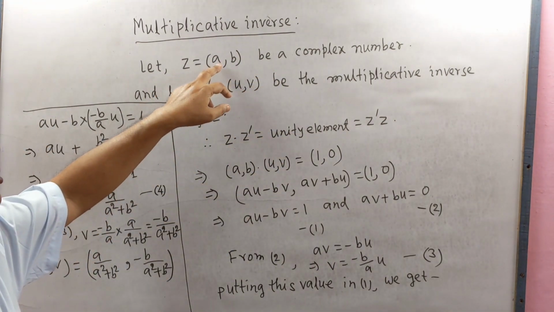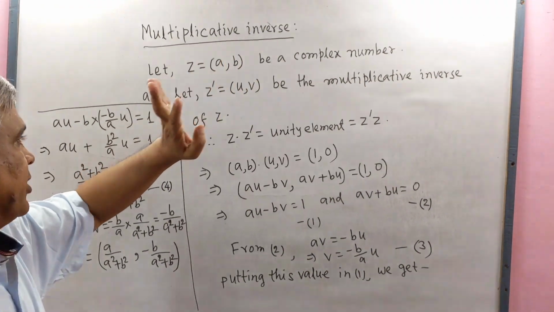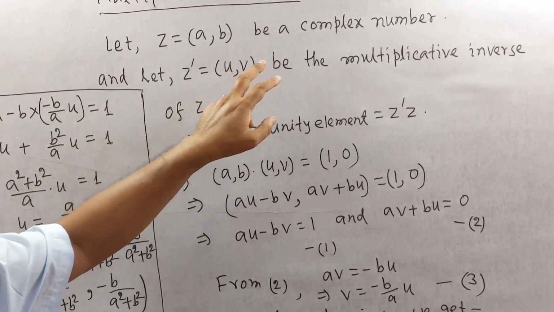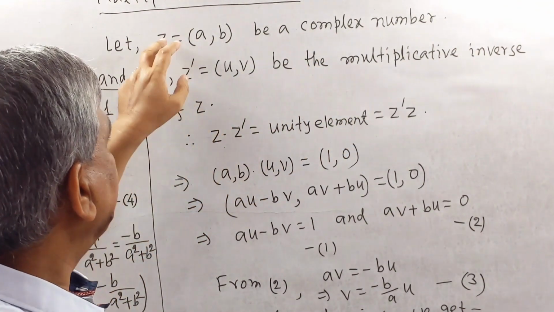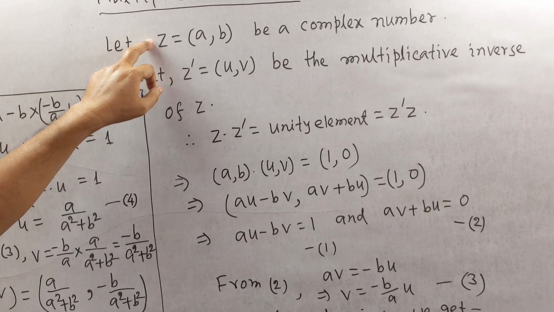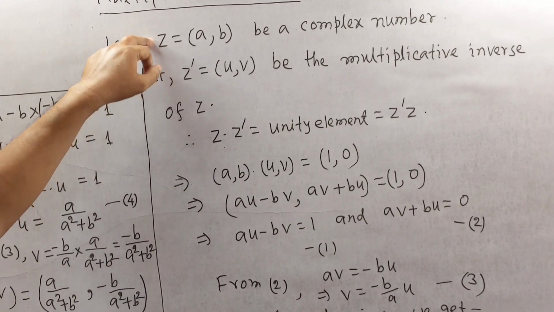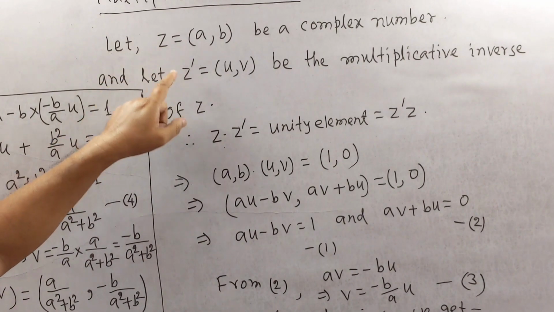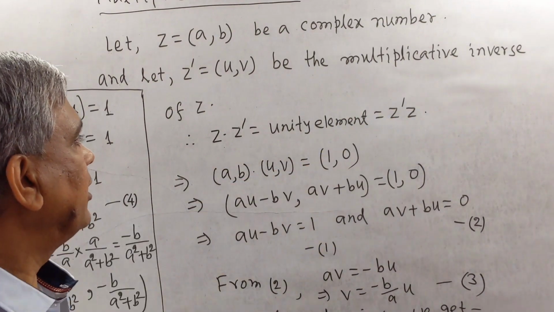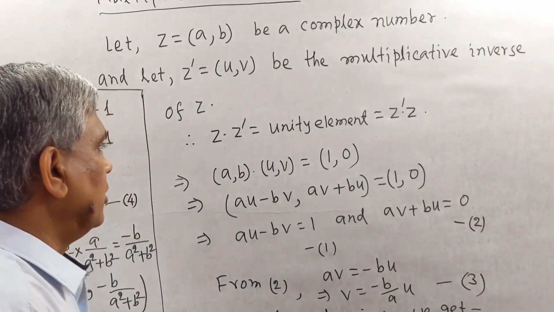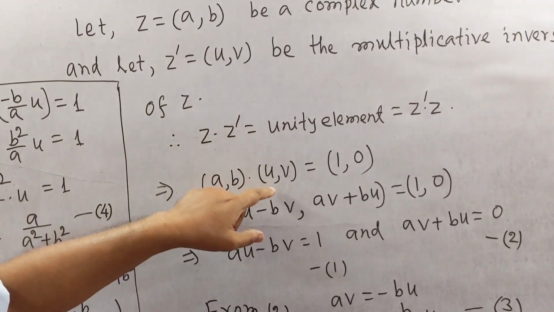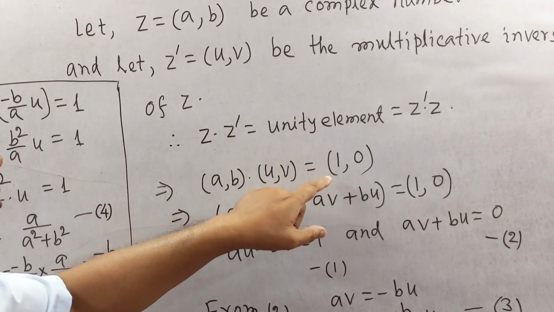Let Z equal to ordered pair AB be a complex number, and let Z dash equal to ordered pair UV be the multiplicative inverse of Z. This Z dash is the multiplicative inverse of Z. Therefore, according to the property of the multiplicative inverse, Z multiply by Z dash equals the unity element equals Z dash multiply Z. Since Z is the ordered pair AB and Z dash is the ordered pair UV, the unity element in complex numbers is the ordered pair 1 0.